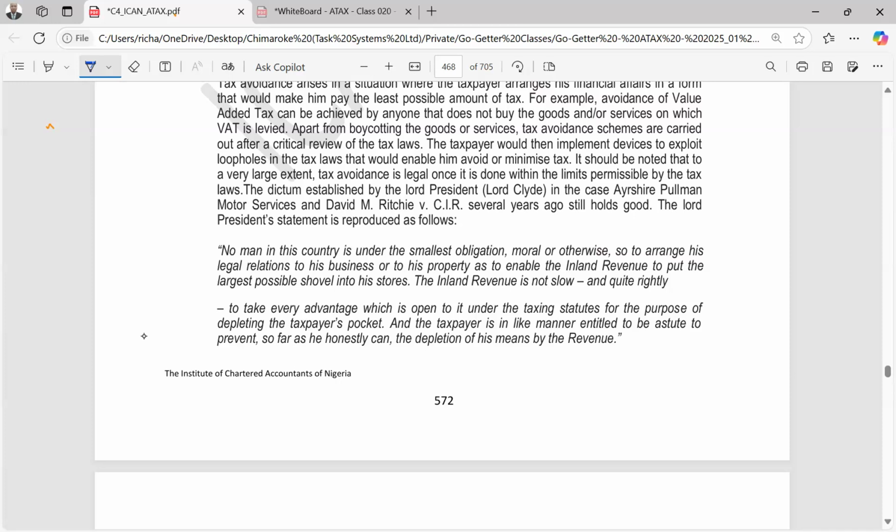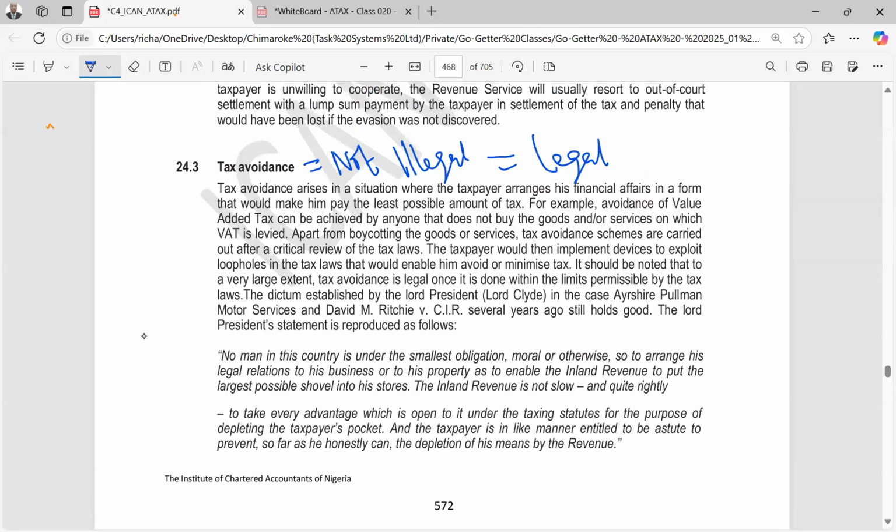Now, some people who decided to register to commence business, maybe they have their business registered or incorporated in 2019 or perhaps 2018, and did not commence business until 2020. They now fall into the new tax law. That's another form of tax avoidance.